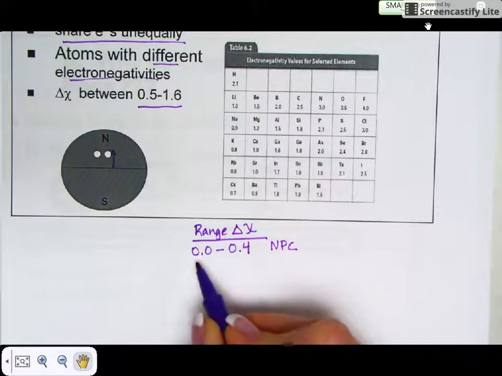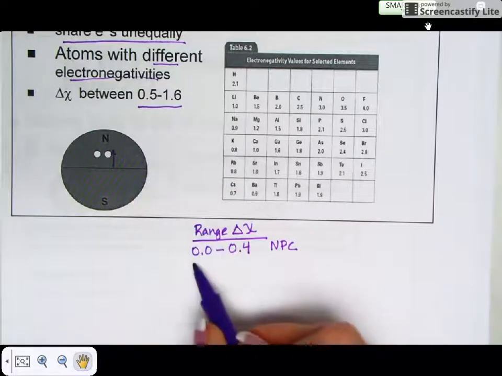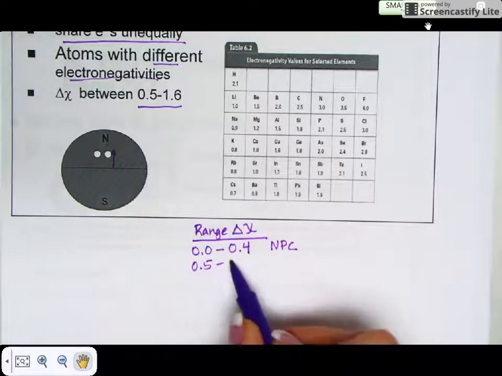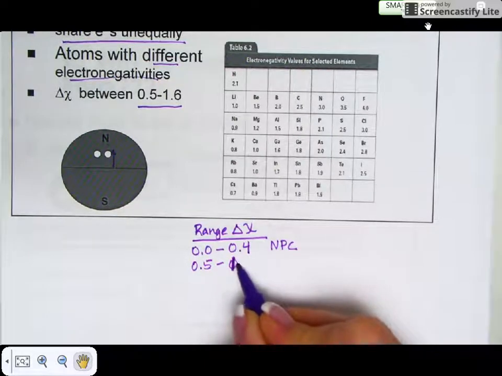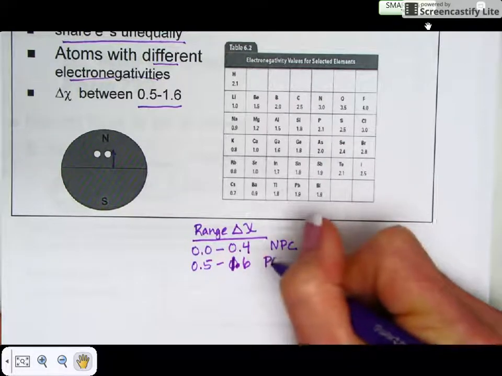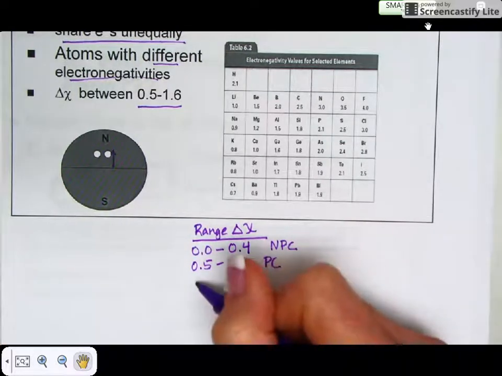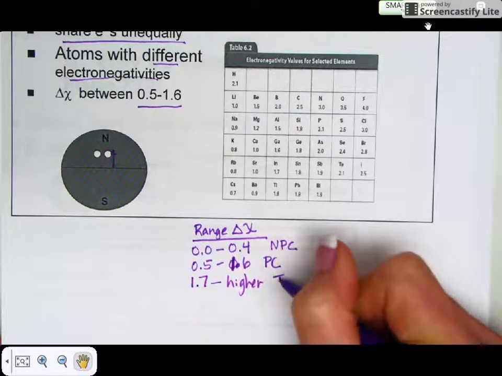If you get a difference between 0.5 to 1.6, that's going to be classified as polar covalent. And then from the notes on ionic bonding, we said if it was 1.7 or higher, then it's going to be considered ionic.